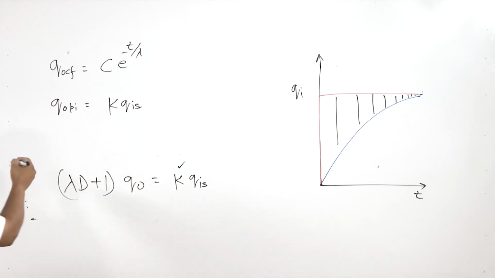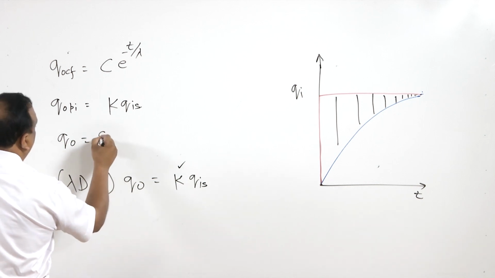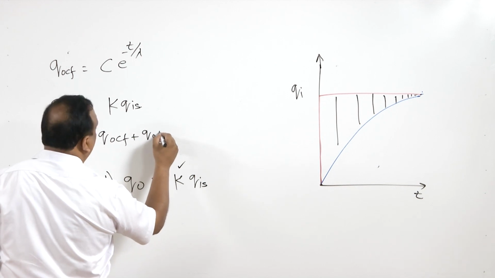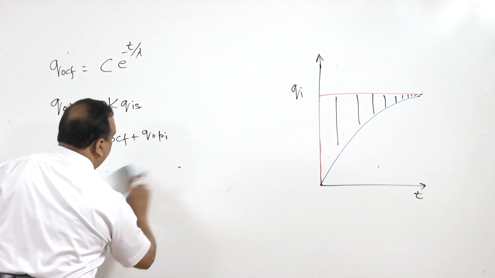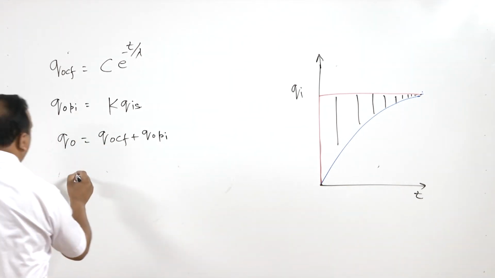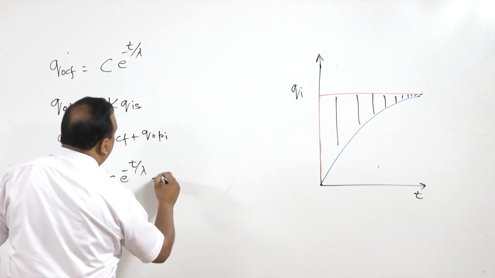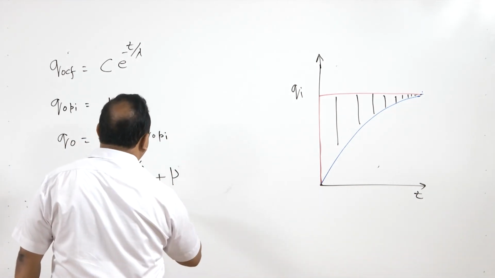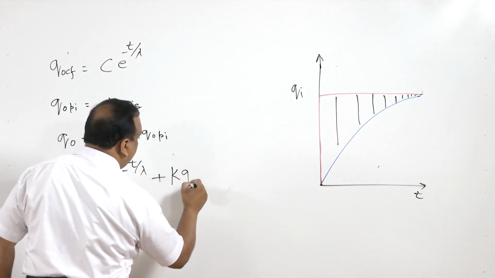Now, we will add these two and find the solution as Q_O is equal to Q_O complementary function plus Q_O particular integral, and this will give the solution of the equation as Q_O is equal to C e raised to power minus t by lambda plus K Q_IS.